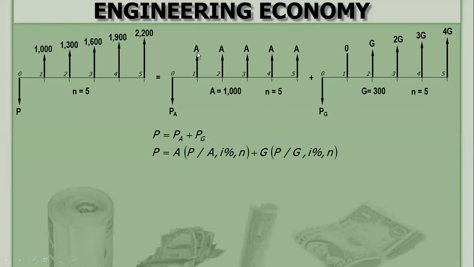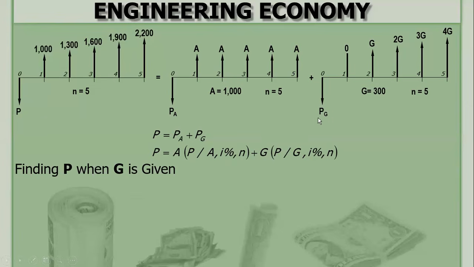P sub A is equal to A times P given A, I percent N, the uniform series present worth factor, plus the second component, G, times this factor, P given G, I percent N, the arithmetic gradient present worth factor also. So uniform series, arithmetic gradient, and uniform series here. So our focus now is on this one.